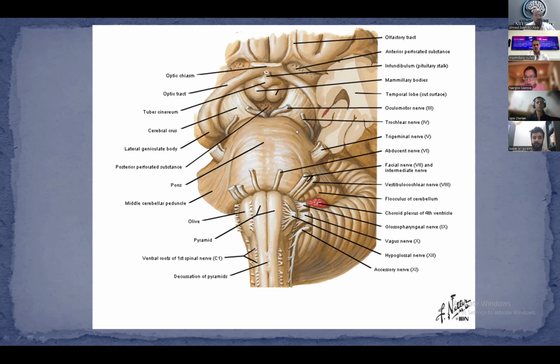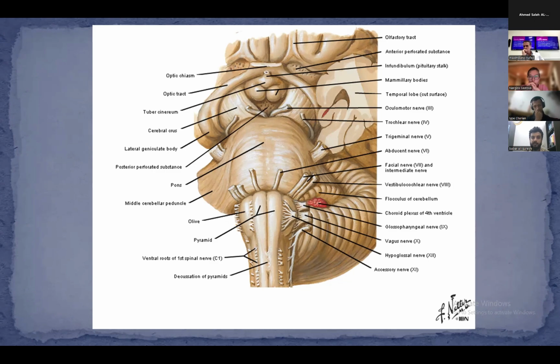Let's start from this, the major portion of the pons and medulla oblongata, and just above it there's the portion of the midbrain, which is largely covered on either side by the cerebral crus, which is part of the cerebral peduncle. The midbrain itself is divided into two cerebral peduncles when we see the cross section.